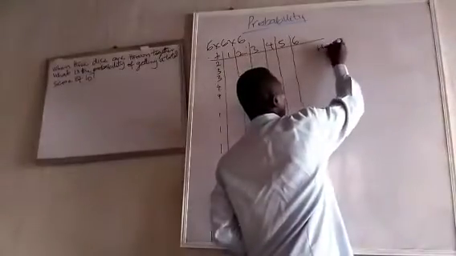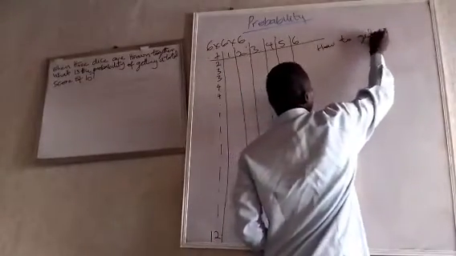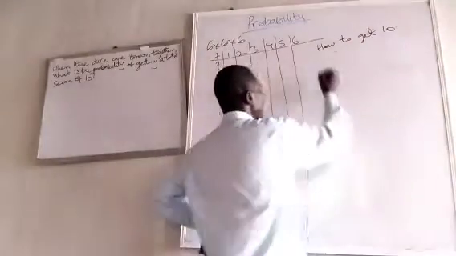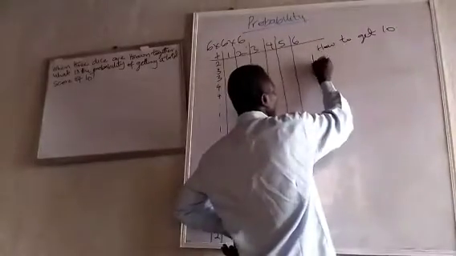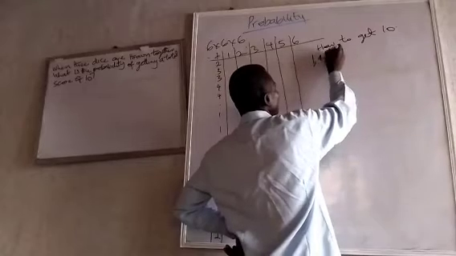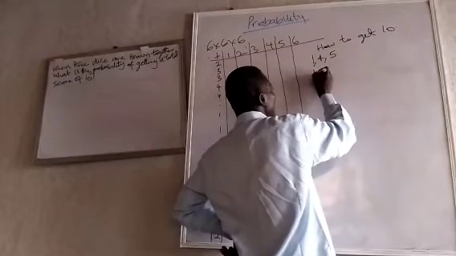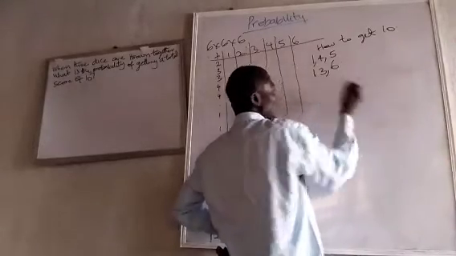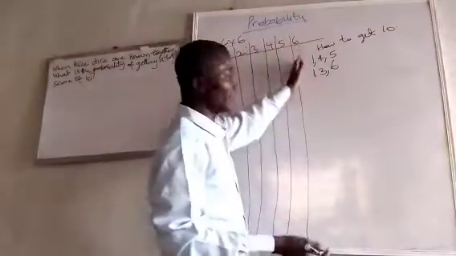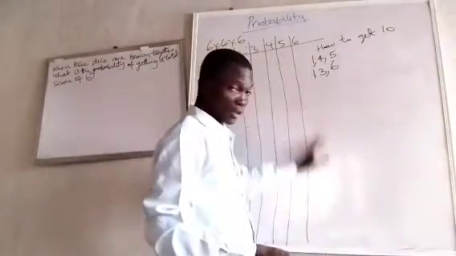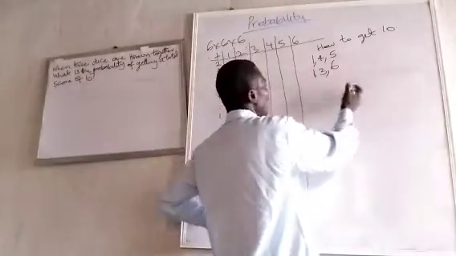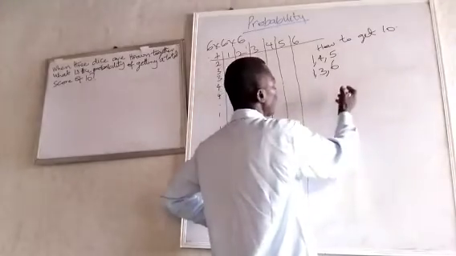How to get 10 from 3 dice? There is the possibility of getting 1, 4, 5, or 1, 3, 6. You can list all of these.